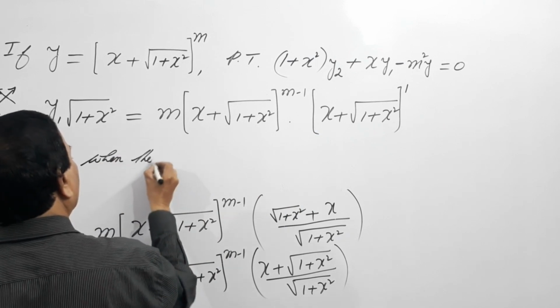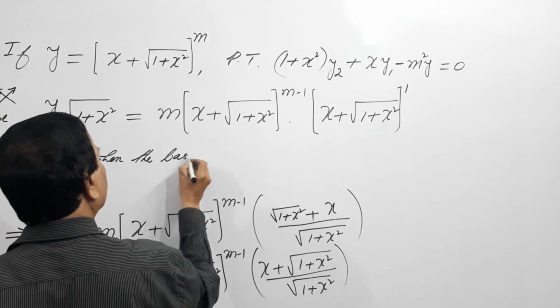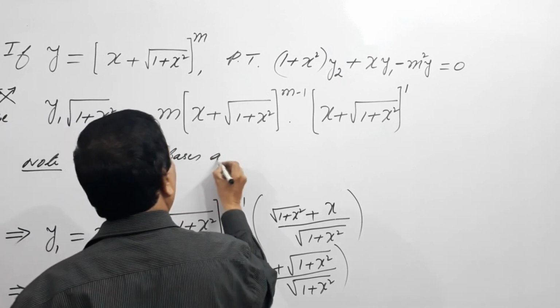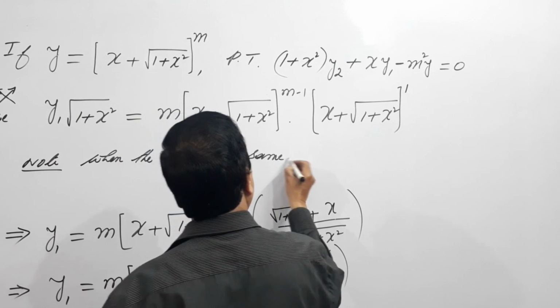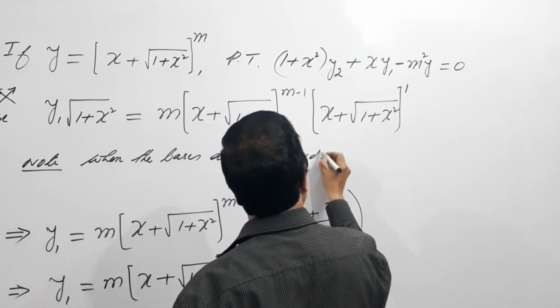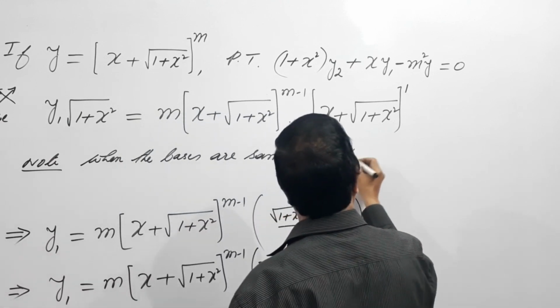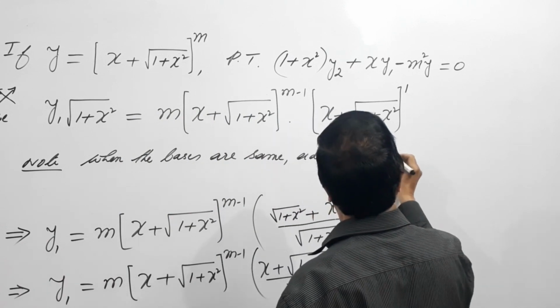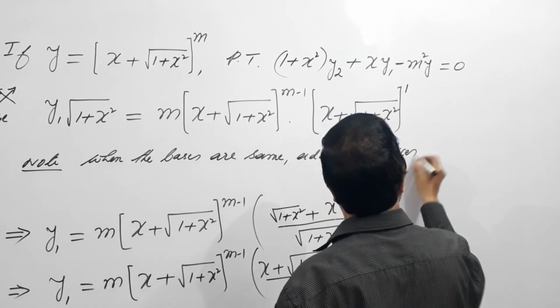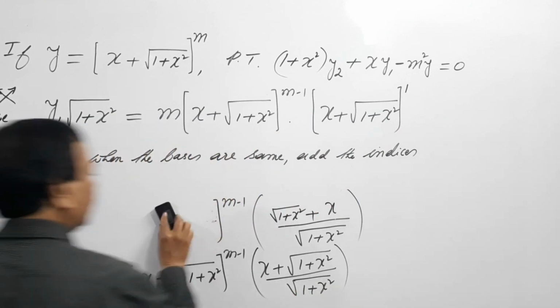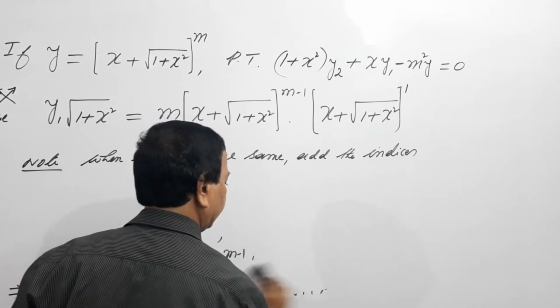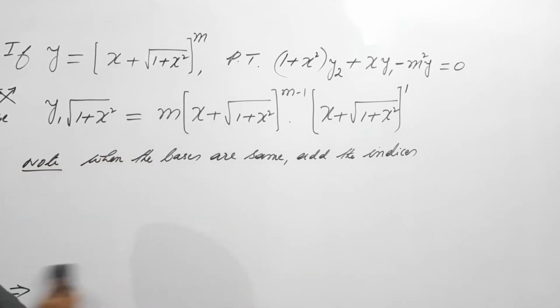when the bases are same, add the indices. So what happens here?